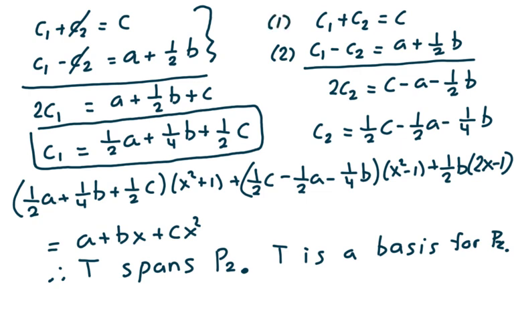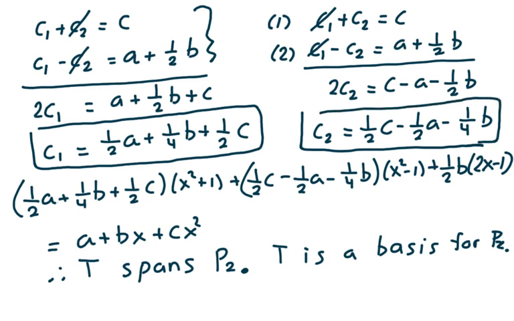If you take equation 2 and subtract it from equation 1, these c1 terms are going to cancel, and we get 2c2 equals c minus a minus 1/2 b. If I solve for c2, I get 1/2 c minus 1/2 a minus 1/4 b.